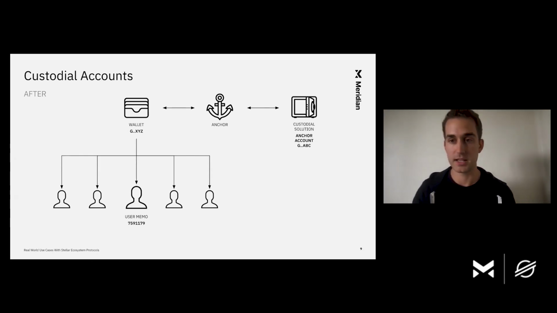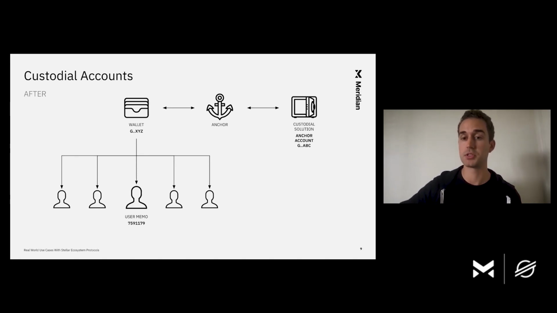In this case, as I'm showing here, the anchor doesn't hold the private keys to their Stellar account and instead uses a custodial solution such as Fireblocks or BitGo or Wire, which has an additional layer of security that manages the Stellar account and provides a set of APIs that allow the anchor to take advantage of all the Stellar native functionality without holding the private key and being responsible for managing it.